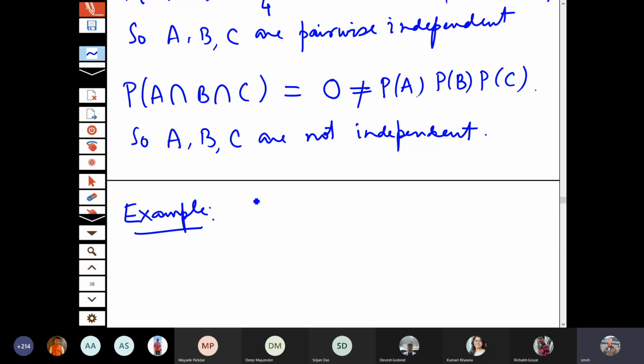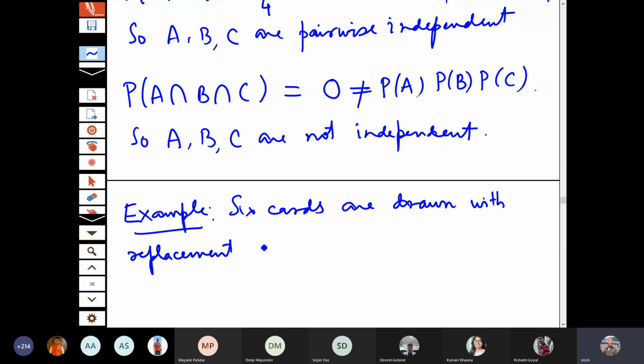6 cards are drawn with replacement from a deck of 52 cards.